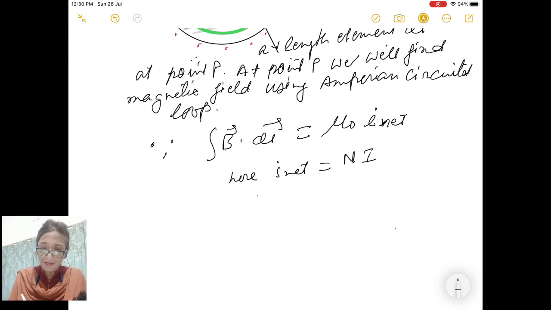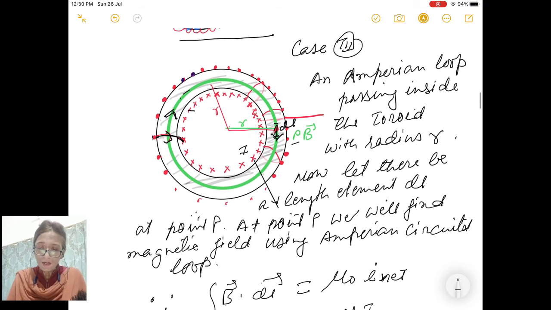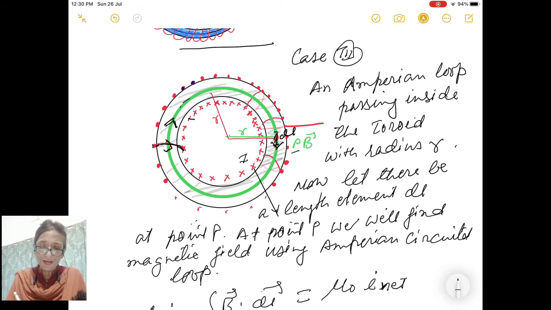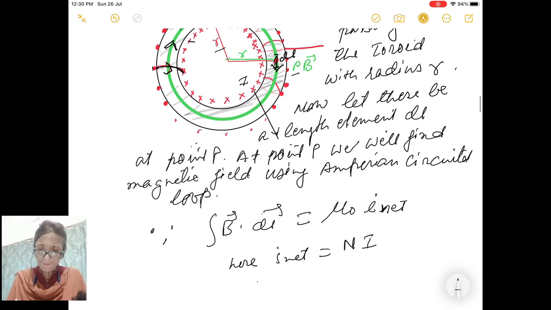Here you have line integral, and at equal distances we know that magnetic field B is a constant because B depends on r and r is a constant, so B is a constant.